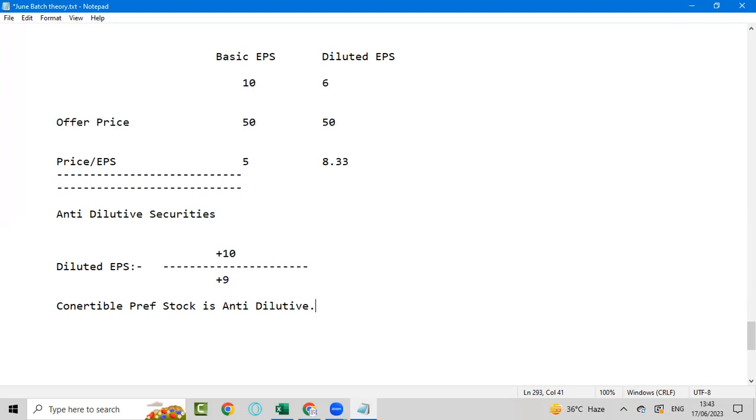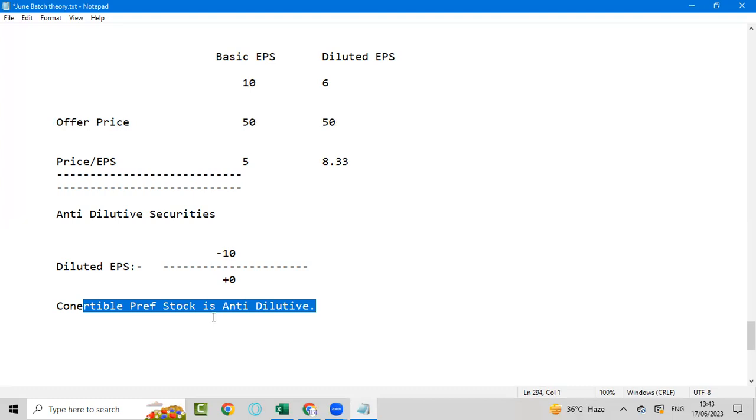So why would the holder convert it? He will not convert. So when it will not be converted, there will be no effect. What will we do? We will deduct 10 in the numerator and in the denominator nothing will be added. So we will treat it as basic earning per share only. We will treat it like we treated it in basic EPS because it is anti-dilutive.